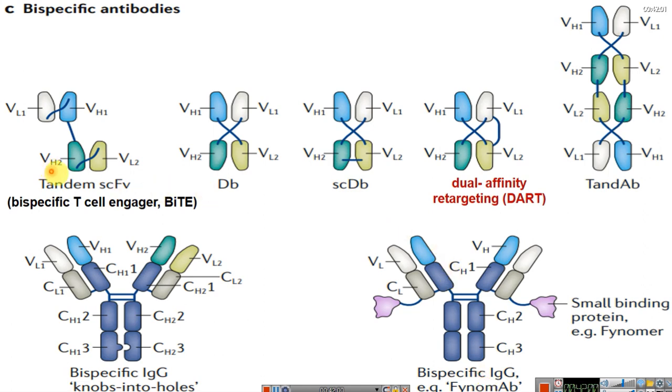Now you are seeing here different examples of bispecific antibodies where you are having the two chains, right? Here is the V region of the light chain. This is the V region of the heavy chain, connected with the V region of the heavy chain and the V region of the light chain.